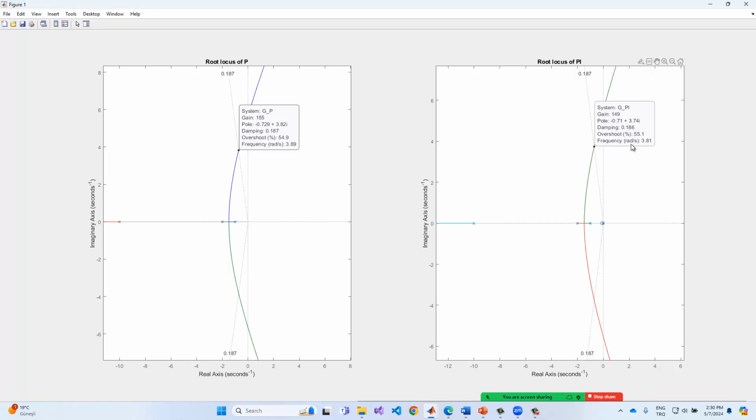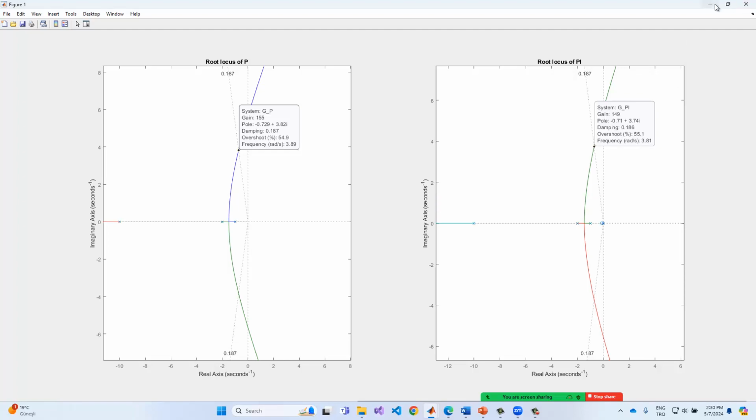Just remember that. How can I prove that? We must choose the root locus of P for the 55% overshoot as 155 for the P. But the PI should be selected as 149 for the overshoot of 55.1.